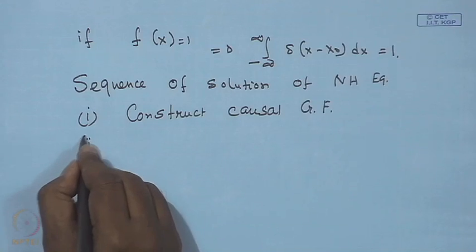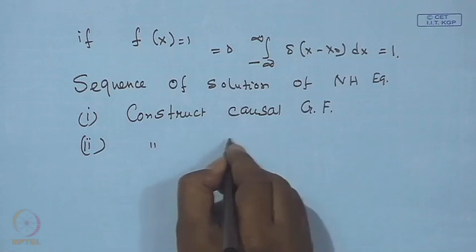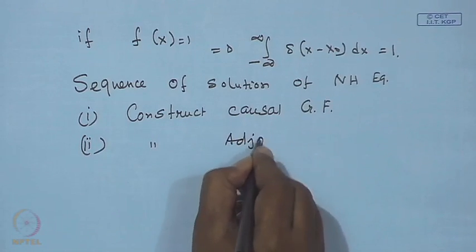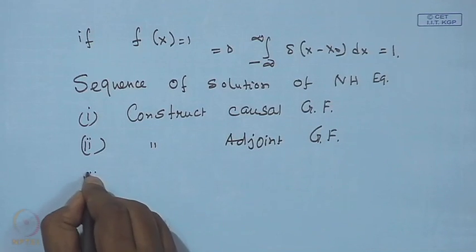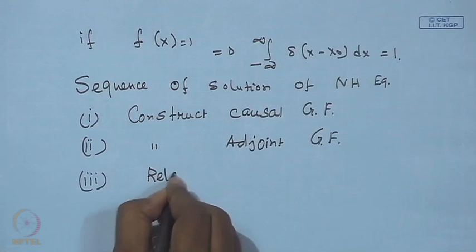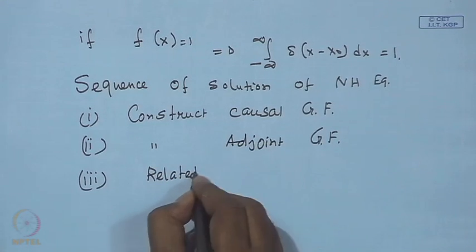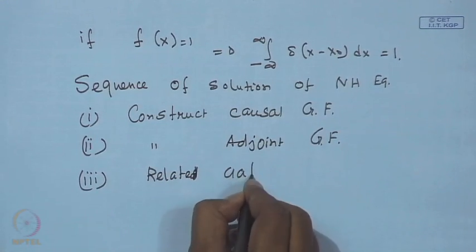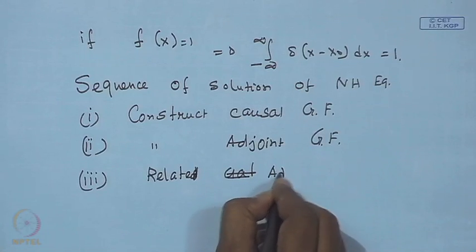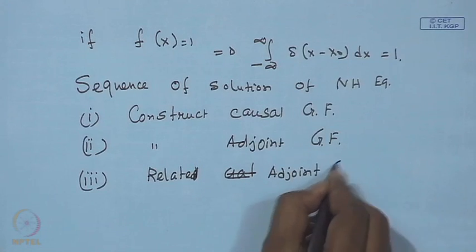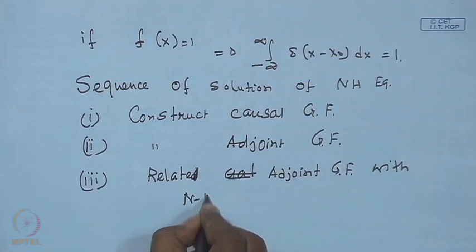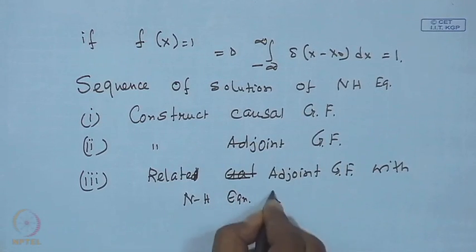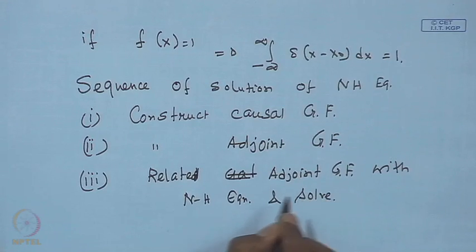Second step is construct adjoint Green's function. Third step is relate adjoint Green's function with the non-homogeneous equation and solve. These are the different steps that we are going to follow.